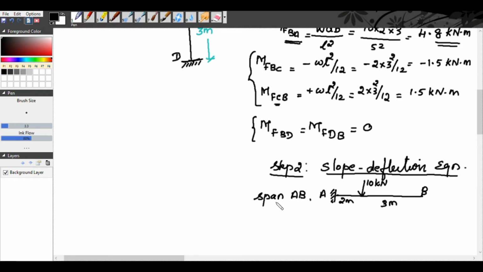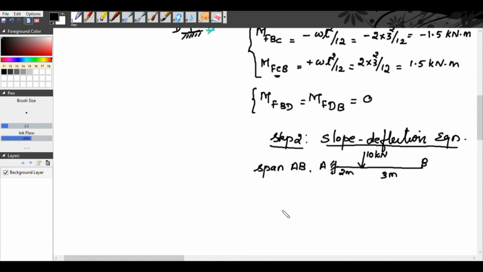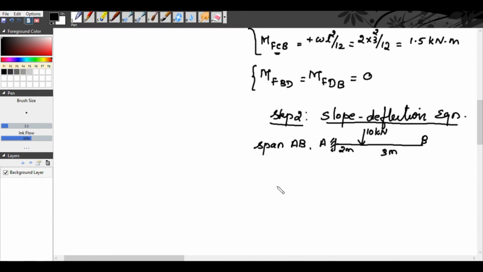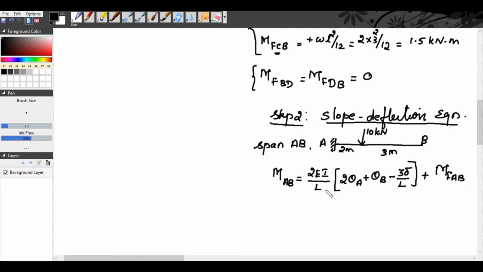We know the formula for the final moment M AB, that is the moment at A when the far end is B, is equal to 2EI by L into 2 theta A plus theta B minus 3 delta by L, plus M F AB. Now, substituting the values, A is a fixed support, so there is no rotation at A.